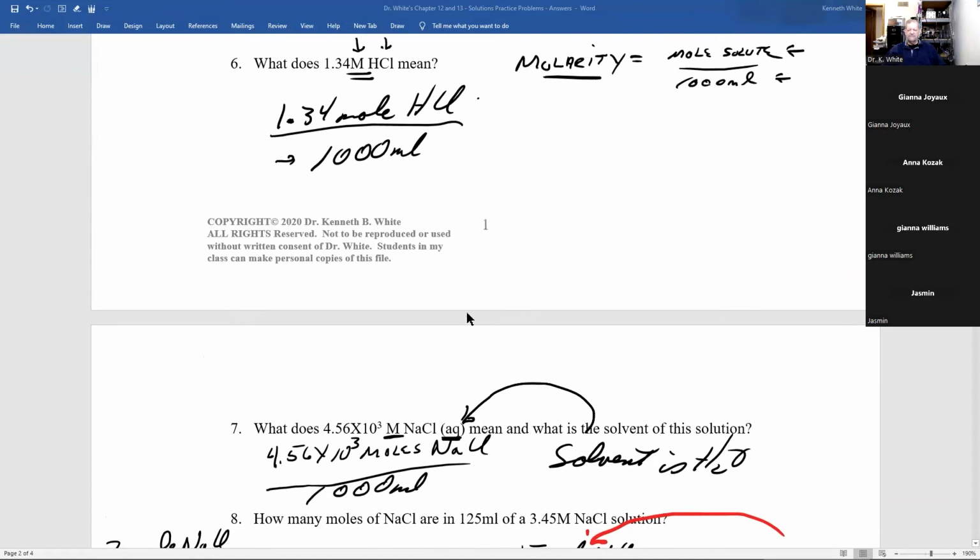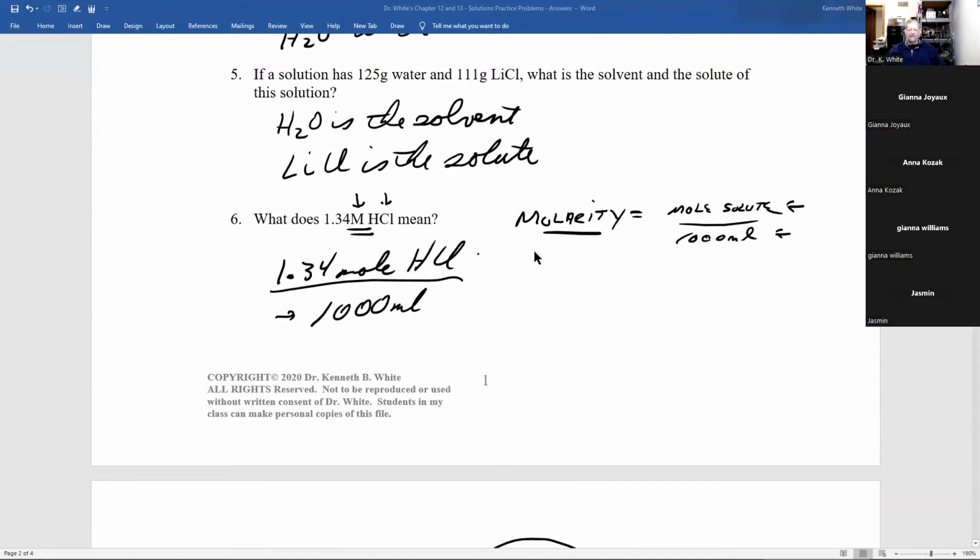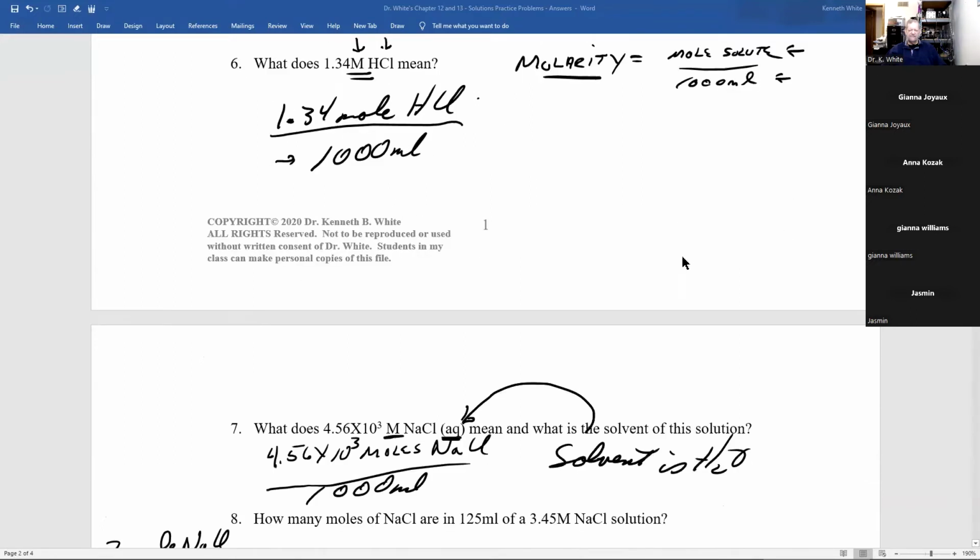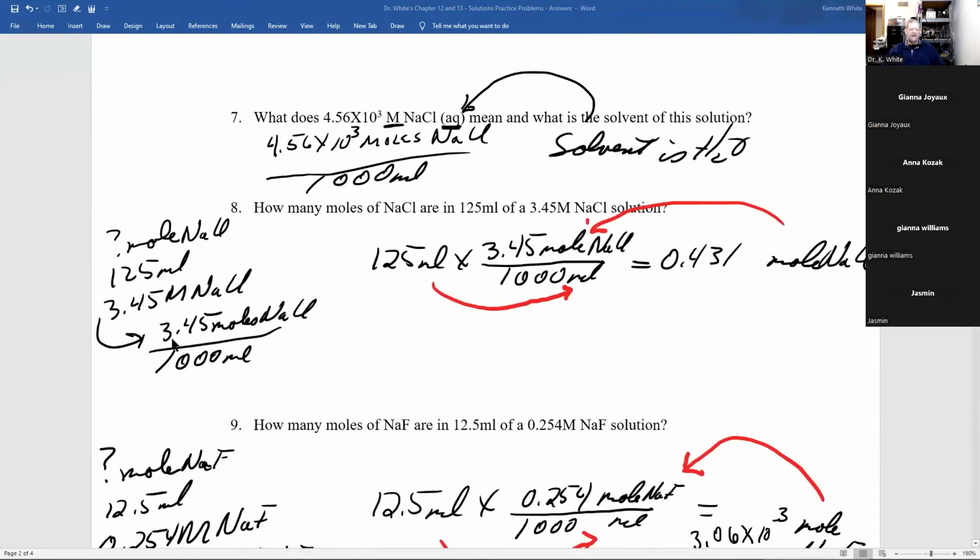Capital M, molarity, moles of solute per 1,000 milliliters. And therefore it is 3.45 moles of sodium chloride per 1,000 milliliters. Now, the 125 milliliters is really the only number we have to start with, and we're trying to get moles of sodium chloride.